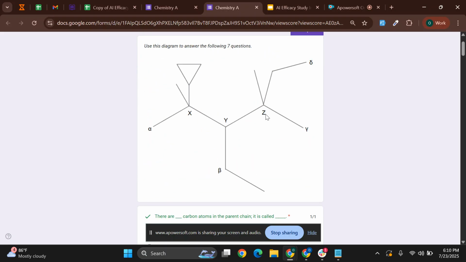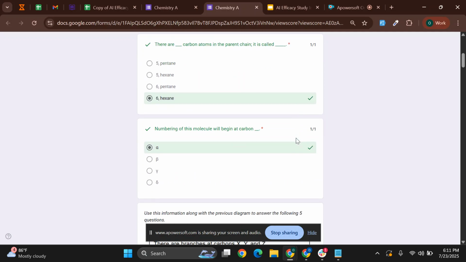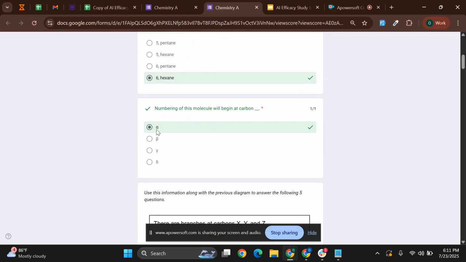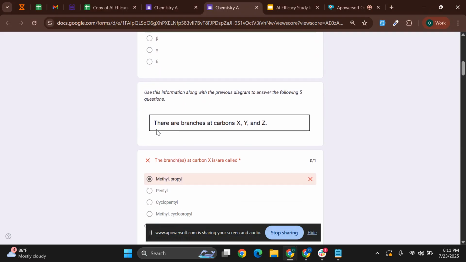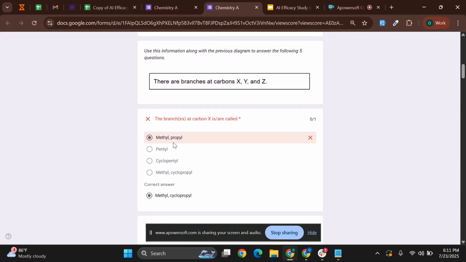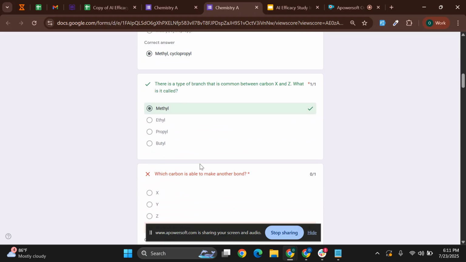I think I have calculated correctly. One, two, three, four, five, and six. It's a hexagon. Numbering of this molecule will begin at carbon. Okay, use this information. This is not methyl propyl, it's methyl cyclopropyl.